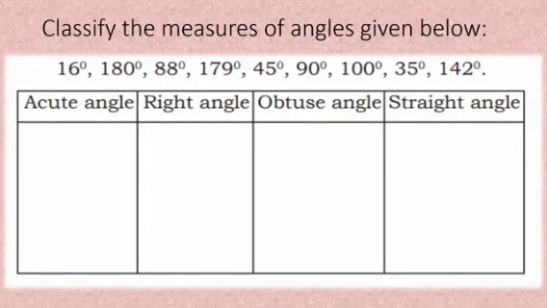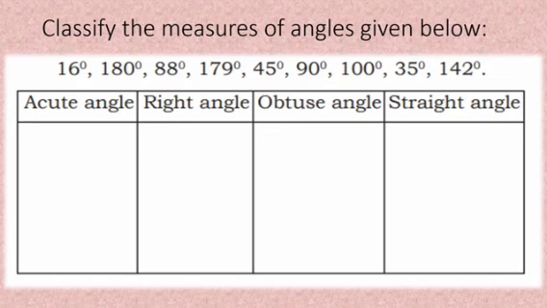Now, after identifying the different angles, try to classify the measures of angles given below. You are supposed to classify the measures which are given below: 16 degrees, 180 degrees, 88, 179 degrees, 45 degrees, 90 degrees, 100 degrees, 35 degrees, 142 degrees.